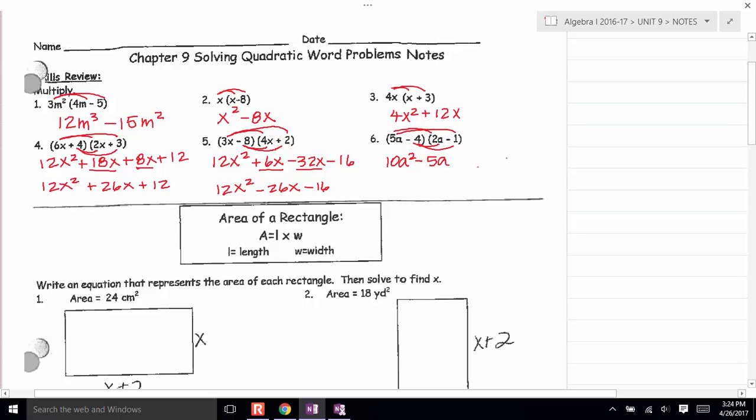So negative 4 times 2a would be negative 8a, and a negative 4 times a negative 1 would be positive 4. Our like terms are the negative 5a and the negative 8a. So I'd have 10a squared, negative 13a, and a positive 4.